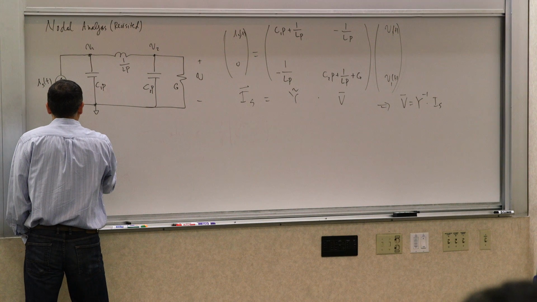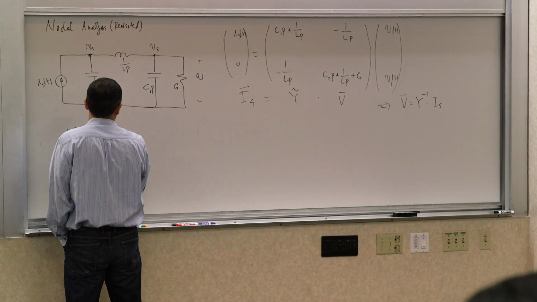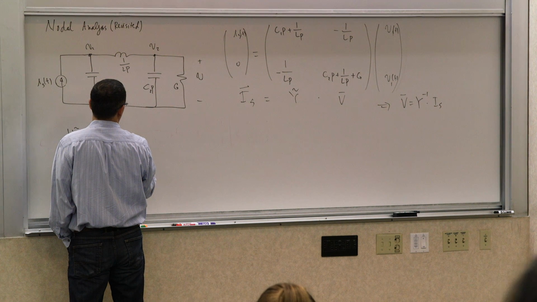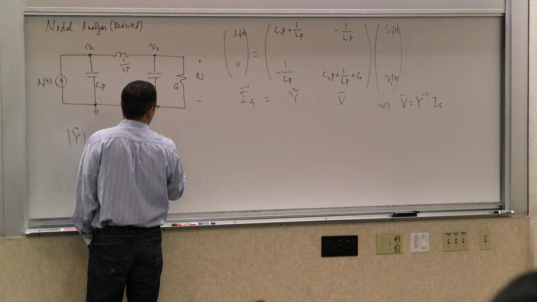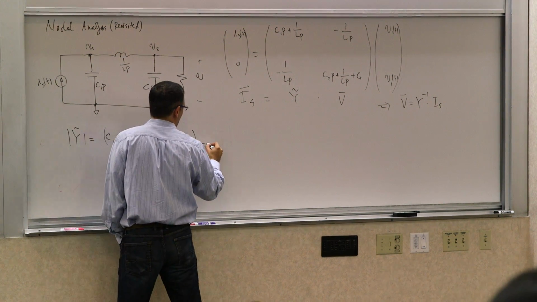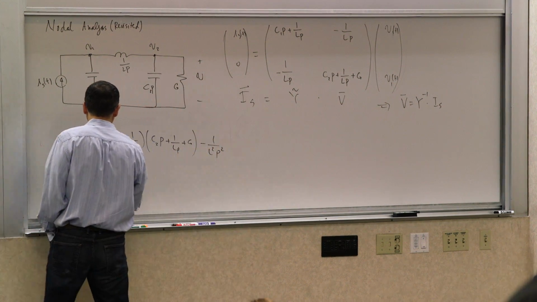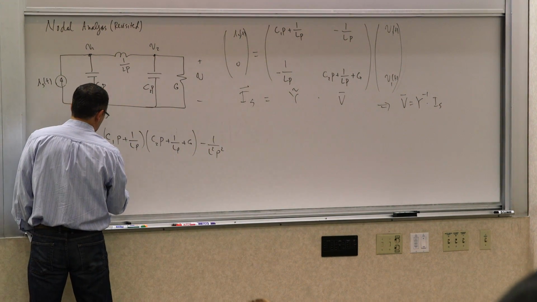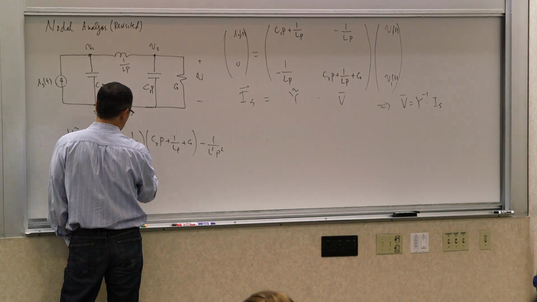The determinant of Y is C1p plus 1 over LP times C2p plus 1 over LP plus G, minus 1 over L squared P squared, which you can simplify as C1 C2 P squared plus, okay, so this is that one.